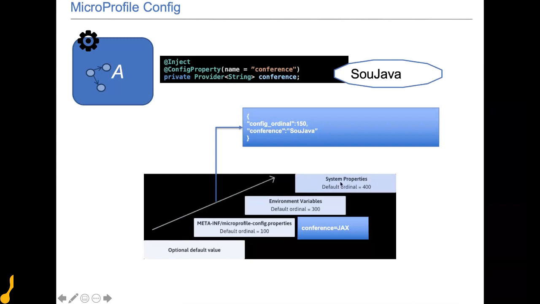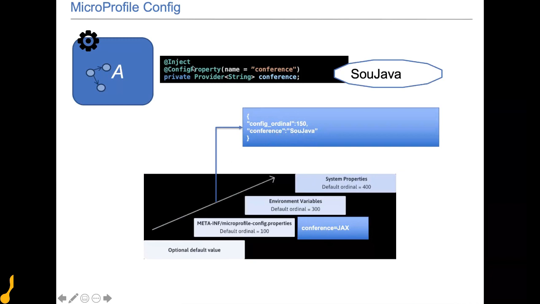So if I specify a property called conference in my META-INF/microprofile-config.properties with JAX, and then later I create a custom config source, this is my JSON file custom config source, it has config_ordinal 150 with the value SouJava.